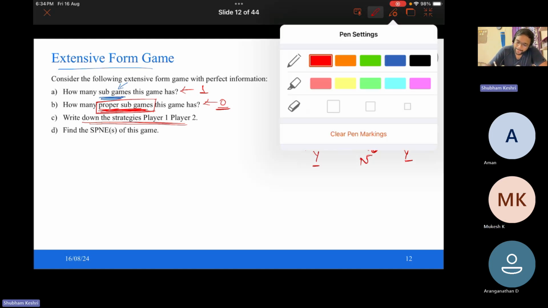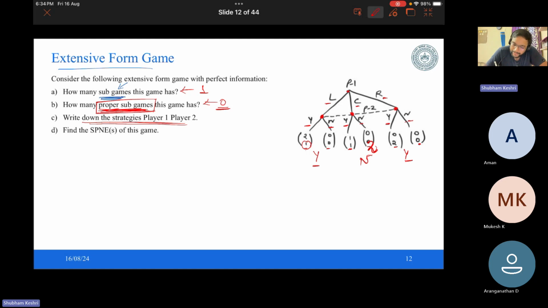Right. So you see, in this game, when I have changed the utility for player 2 at this node to 2, player 2 can play Y or N, anything. So player 1 doesn't know whether player 2 will play Y or N. Therefore, backward induction will not help him. All right. You will have to use some other ideas. We will discuss those ideas in this discussion session as well.